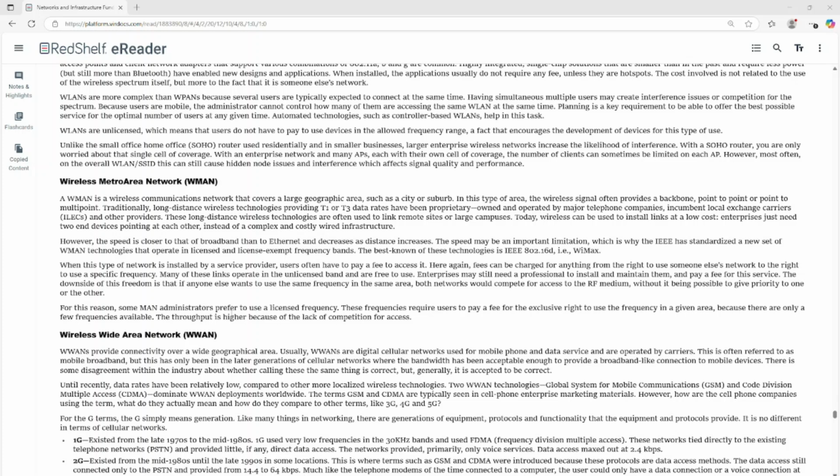Wireless metro area network. A WMAN is a wireless communications network that covers a large geographic area, such as a city or a suburb. In this type of area, the wireless signal often provides a backbone, point-to-point, or point-to-multipoint.